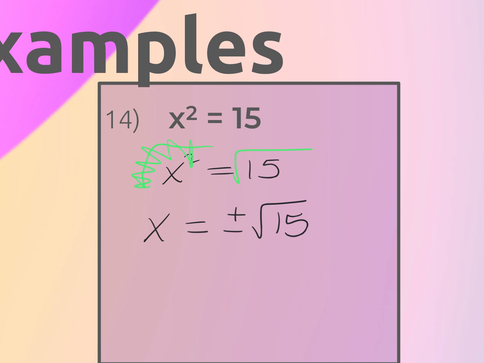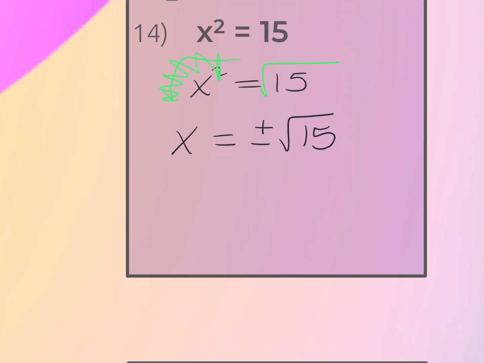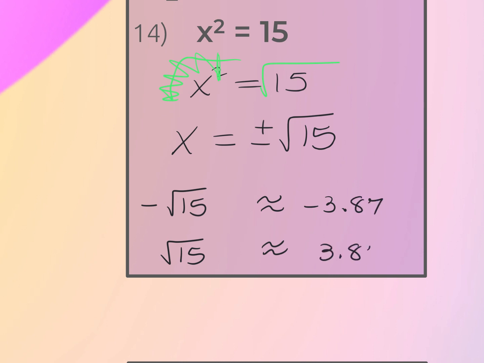Now, in WebAssign tonight, it's going to have 4 boxes. It's going to ask you to pull this apart. So you're going to have to show me negative square root 15, positive square root 15, but then it's also going to ask you for the decimal approximation rounded to 2 places. So this would be using your calculator, negative 3.87 and positive 3.87.